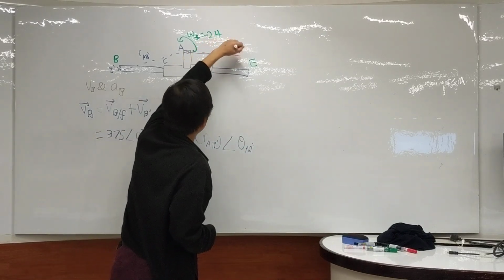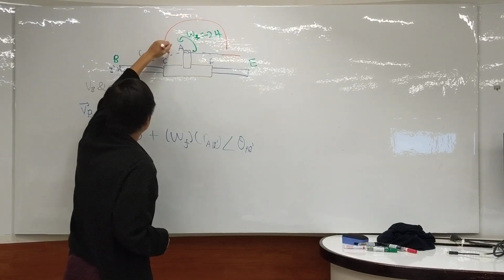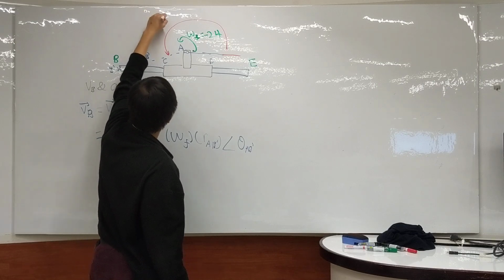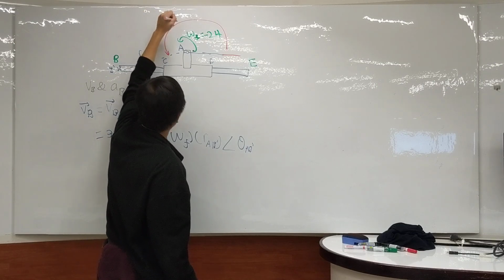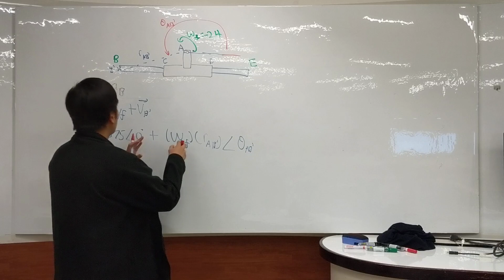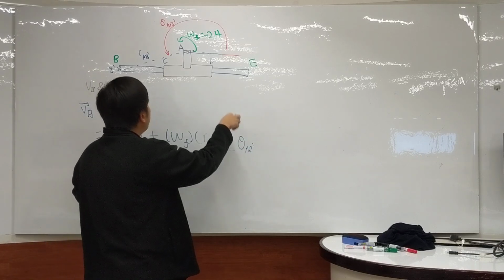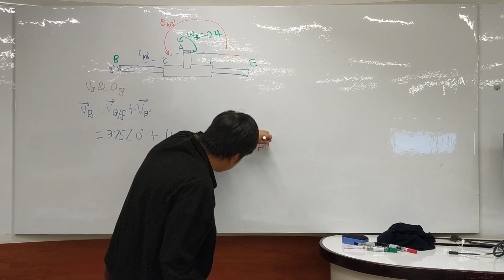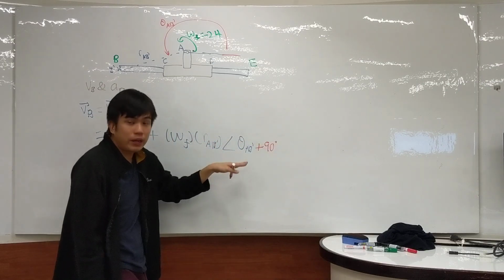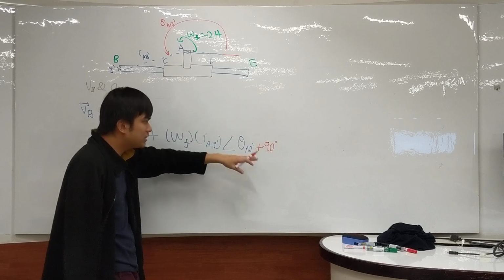So, this angle from the positive x-axis to here is theta A B prime. And so, the velocity of B prime is equal to omega F times R A B prime, and the direction is equal to position angle plus 90 degrees. Why do I plus 90 degrees?